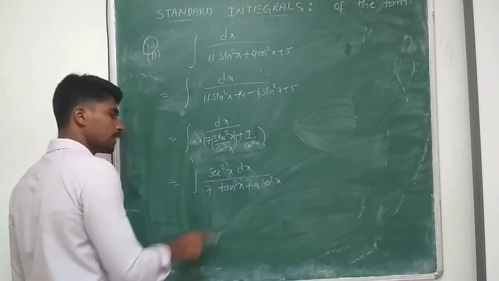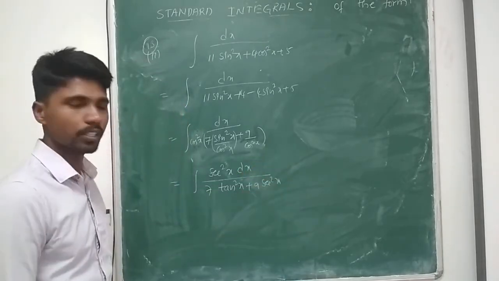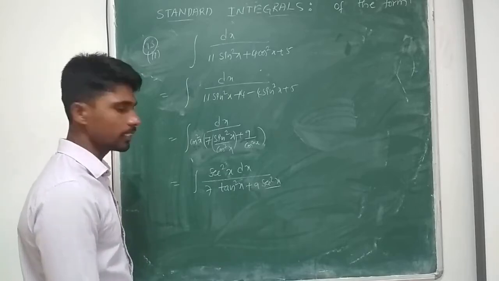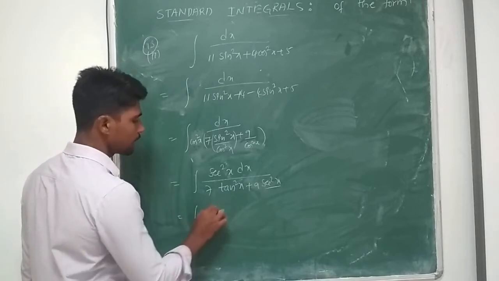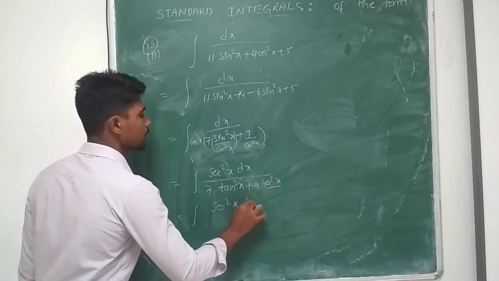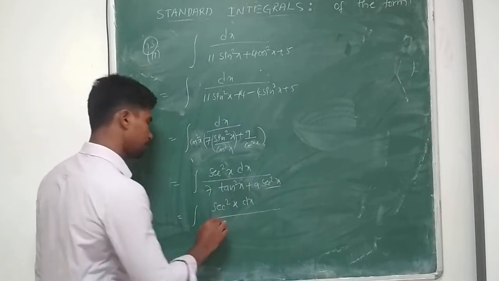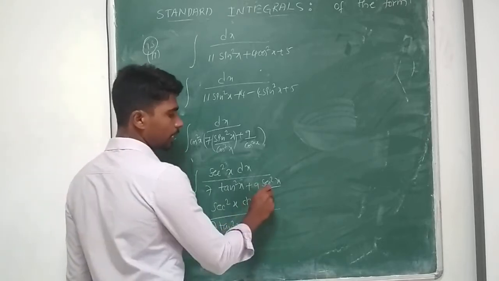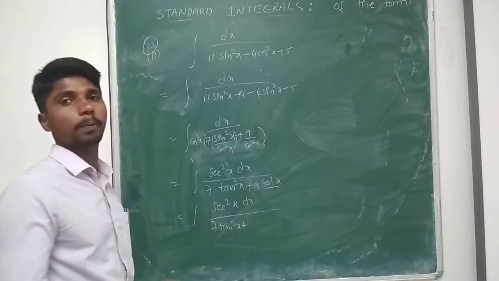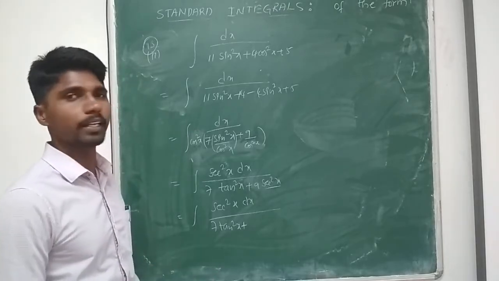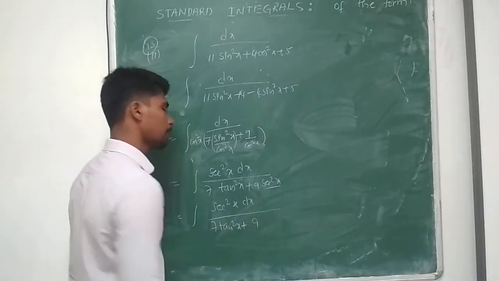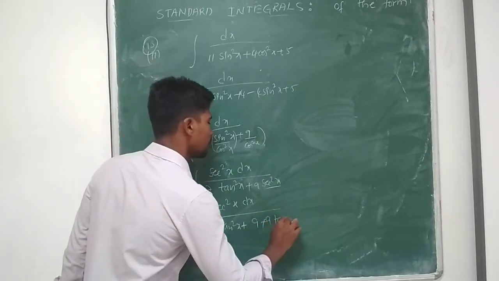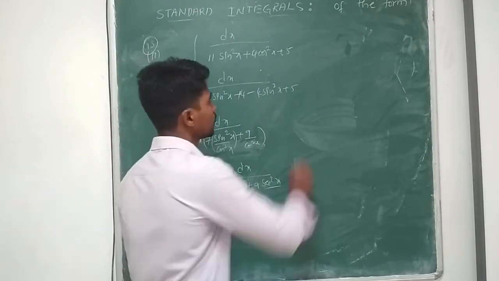Again we face a problem here: tan square x plus secant square x. So convert the secant square x in terms of tan. The integral secant square x dx by 7 tan square x plus 9 secant square x, where secant square x can be written as 1 plus tan square x, gives 9 plus 9 tan square x.